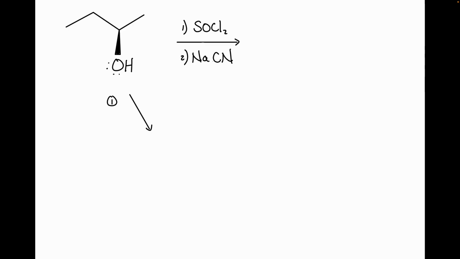All right, so that first step, we're going to substitute on that chlorine. But importantly, because we noted that this is an SN2 reaction, I'm going to have to take that wedged bond and turn it into a dashed bond.